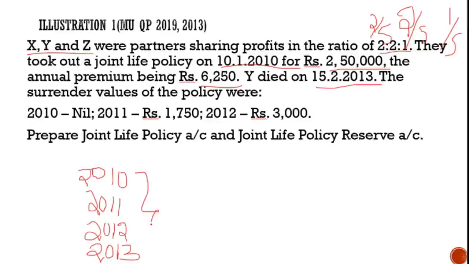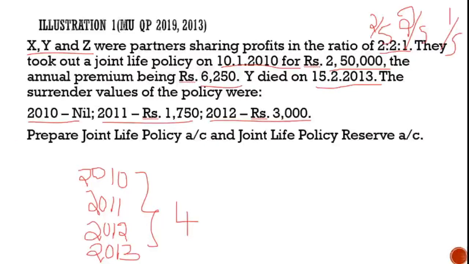So there are 4 years, and in the year 2010 the surrender value is nil, in the year 2011 it is 1,750, and in the year 2012 it is 3,000. So the policy was taken on 10/1/2010.